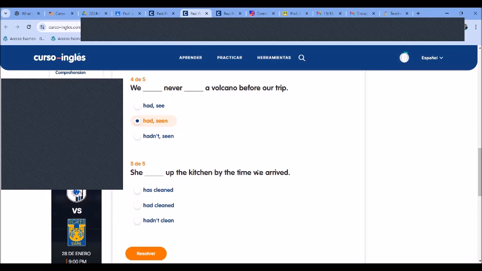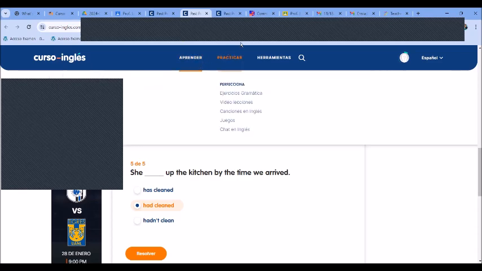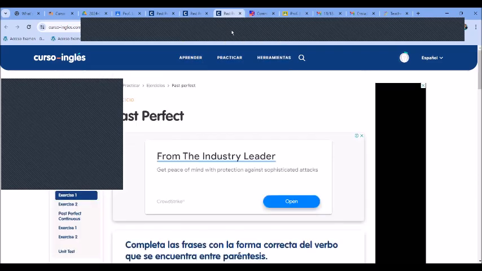She has. No. Has is for present perfect. Had is for past perfect. All right, again. She had cleaned up the kitchen by the time we arrived. Good. All right. Let's continue.